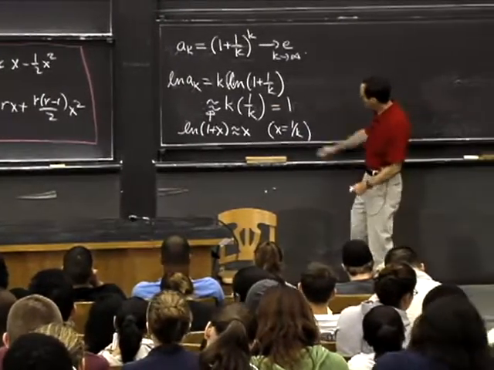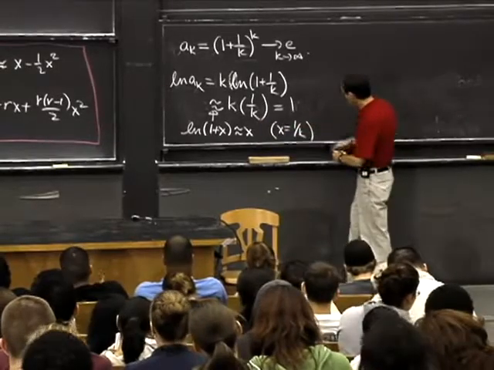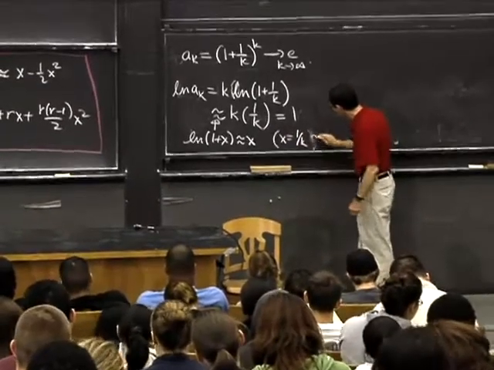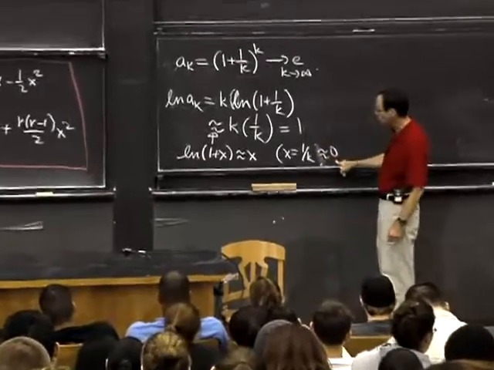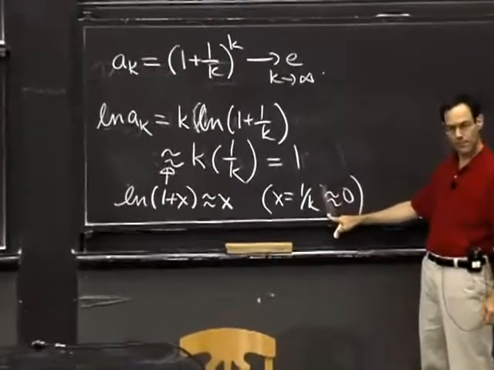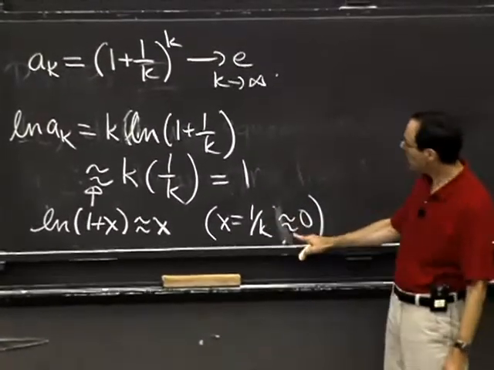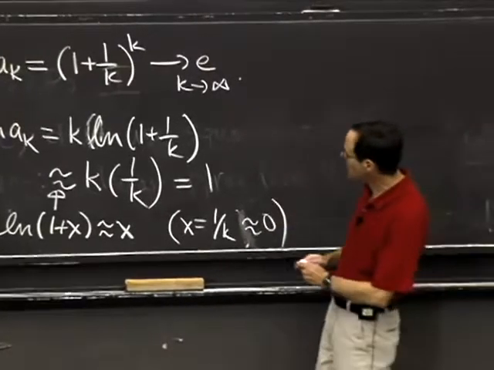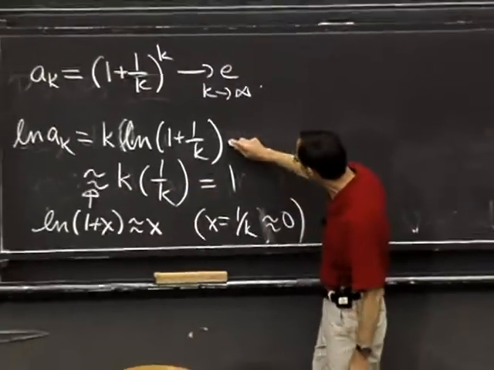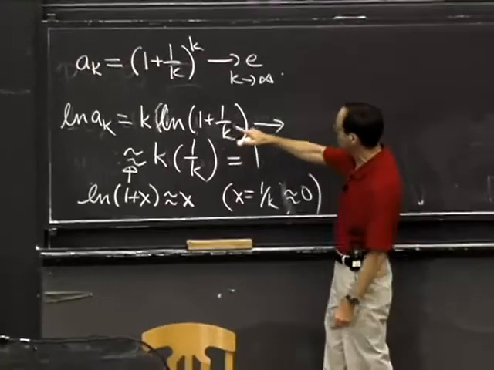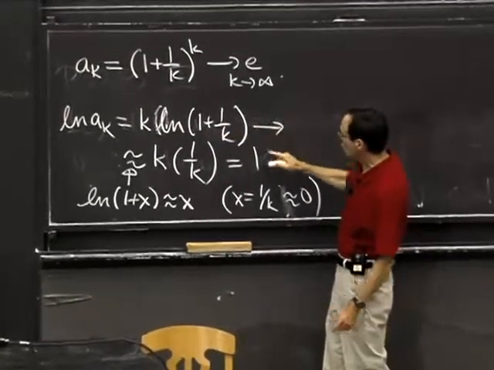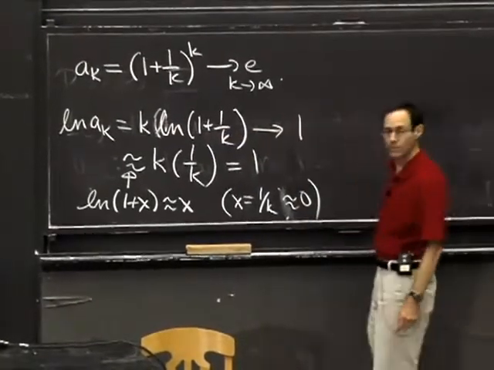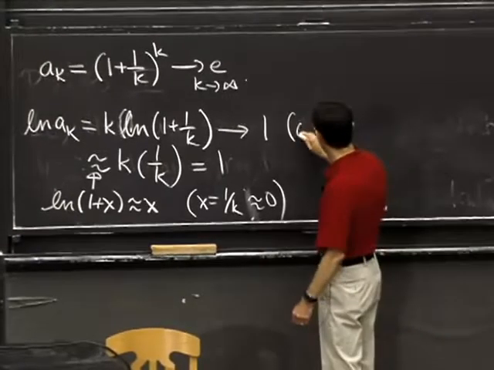All right? Well, so where does this work? This works where this thing is near 0, which is when k is going to infinity. It's working only when k is going to infinity. So what this approximation formula is really saying is that as we go to infinity in k, this thing is going to 1.